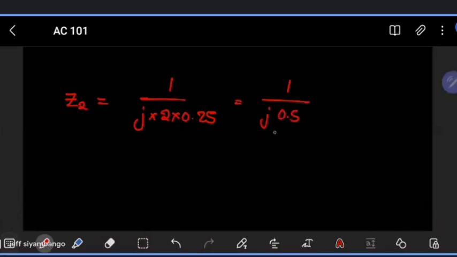And when we divide 0.5 into 1, we get what? We get 2. This is now 2 over J. But remember what we did earlier on? To take the J up, it just becomes negative. So this is now negative J with a 2 there. So I hope you guys remember how this came up. So that is our Z2.